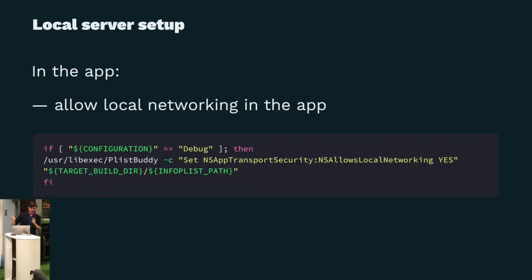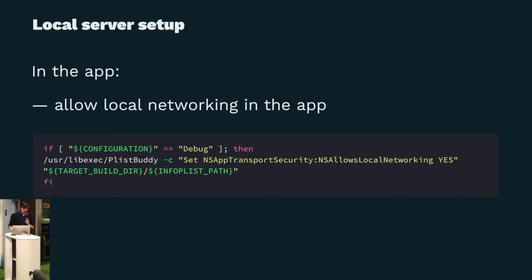We do it with one script in our build phase, just for debug. I couldn't find information on whether it's bad to do it in a production app, but you basically don't need it in production unless you do some Internet of Things, like devices with Bluetooth.